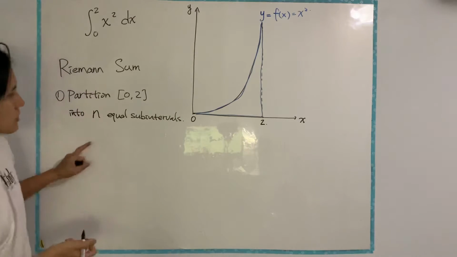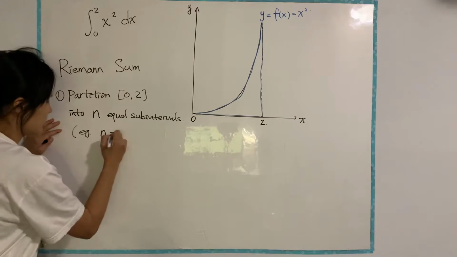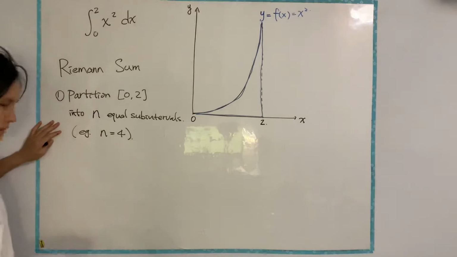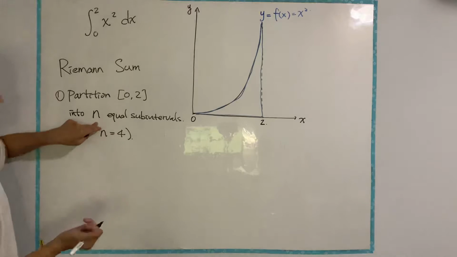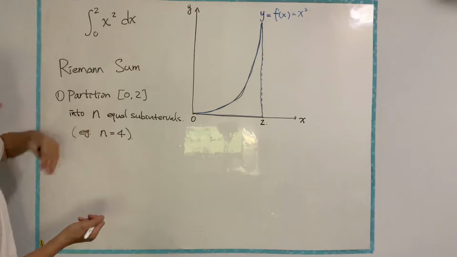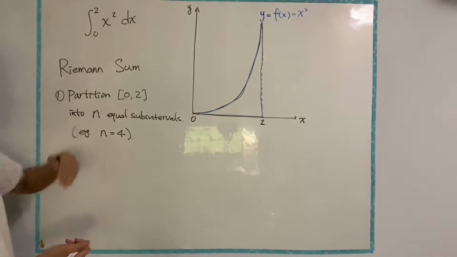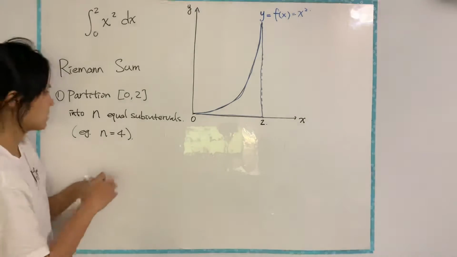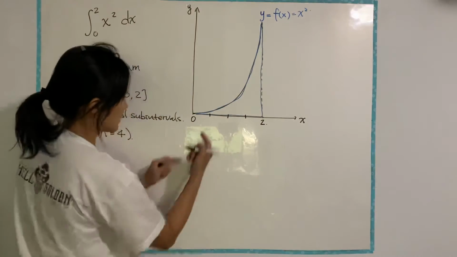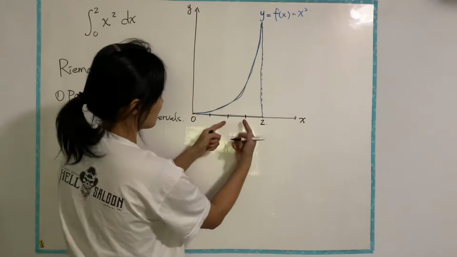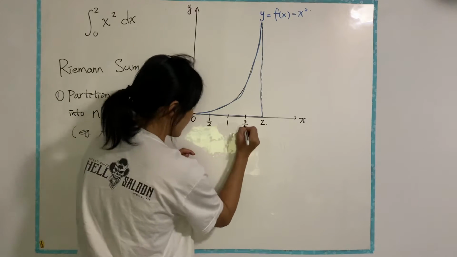Okay, so let's say n equals 4. The reason why I use n as opposed to an actual number is that eventually I want this n to be approaching infinity. So this n will get larger and larger. Okay, so we want to chop this interval into 4 equal pieces. So this is what I get. A quarter, 1 half, 3 halves, and then 2.